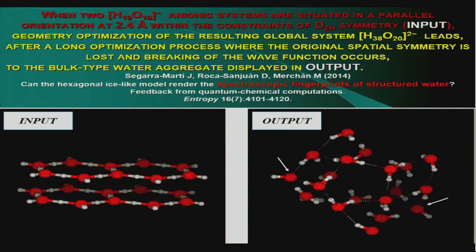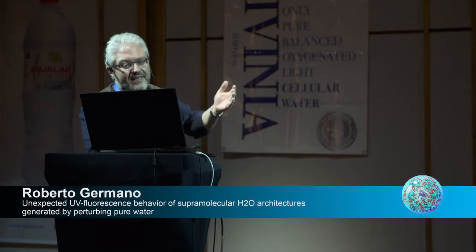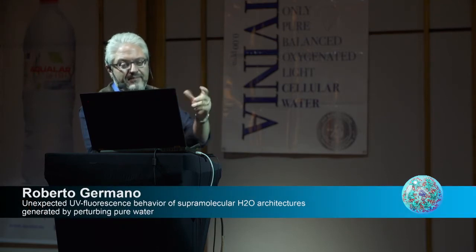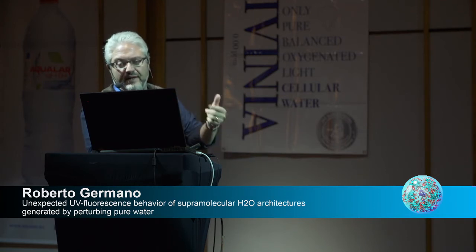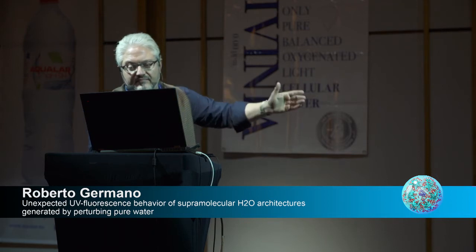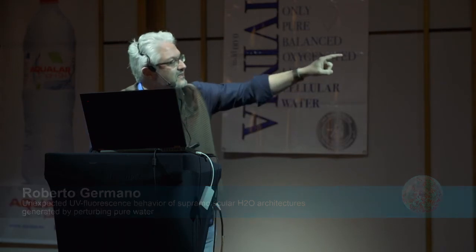This is the input, that is the output. If you consider this ensemble of two anionic systems, H19O10 minus, situated in a parallel orientation and putting some symmetry constraint, they find a geometry optimization of the resulting global system, that is H38O20 2 minus, and they were able to calculate that the output is that one.